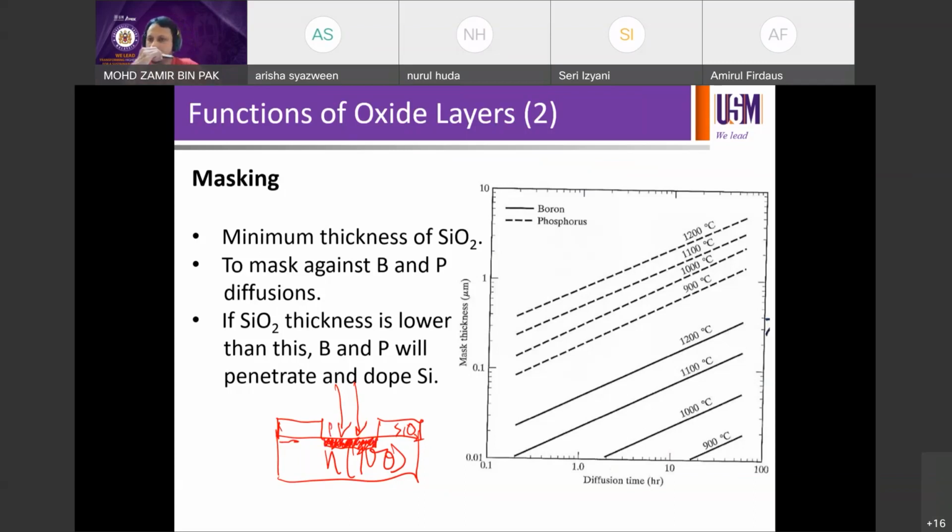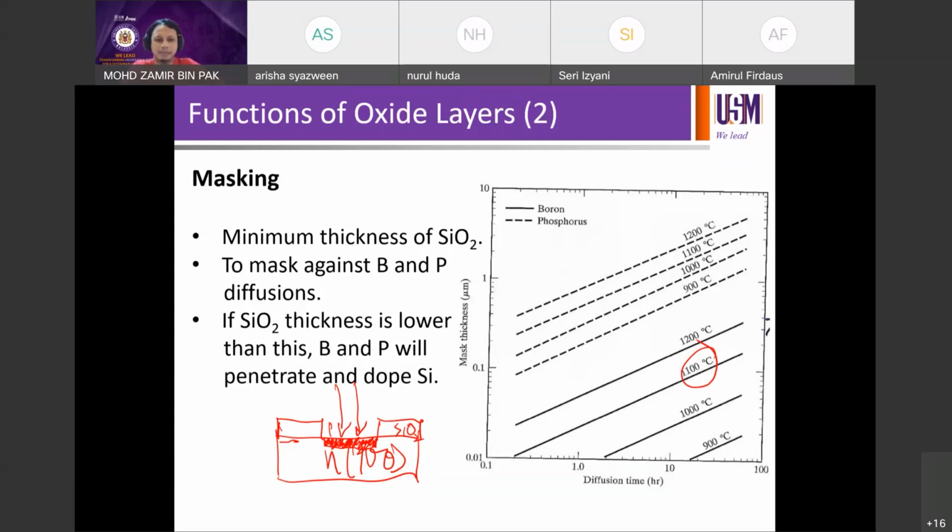So you want to make this p-type, the central part. So let's understand the graph. You want to dope boron in the central part, and you're running the diffusion process at 1100 degrees C for say 2 hours.